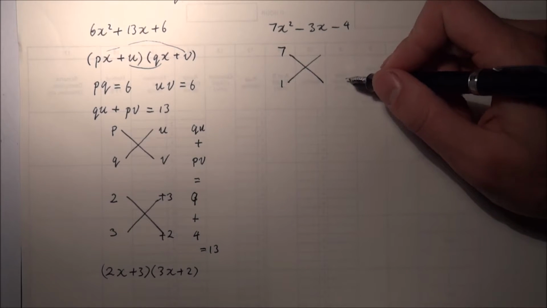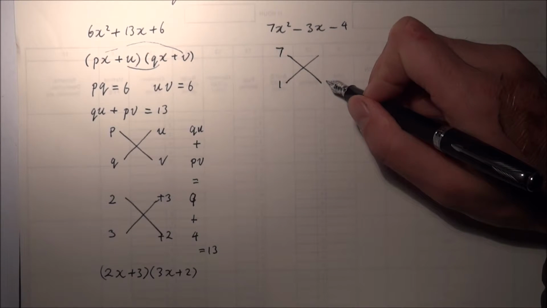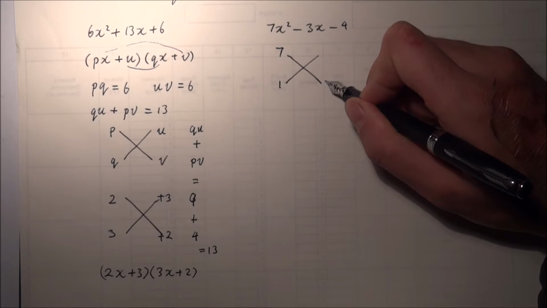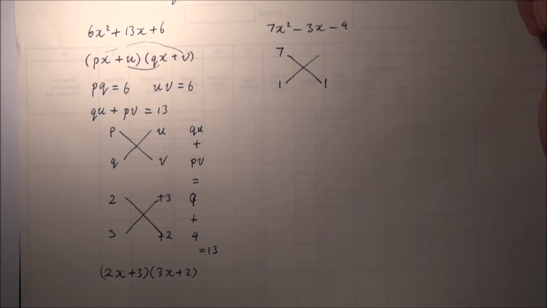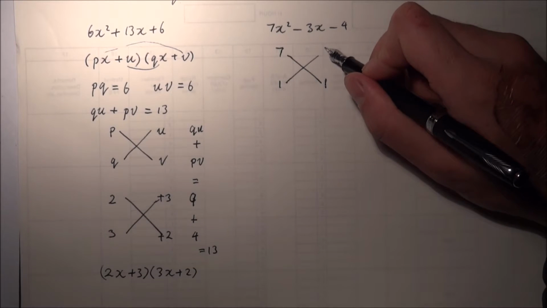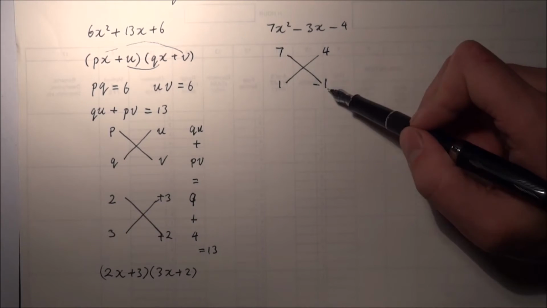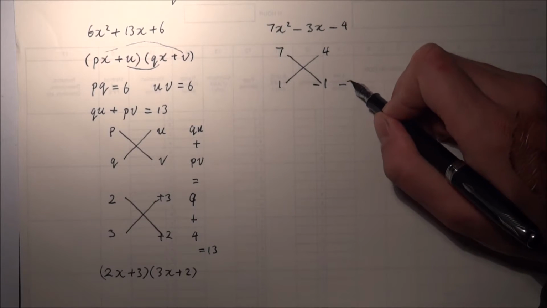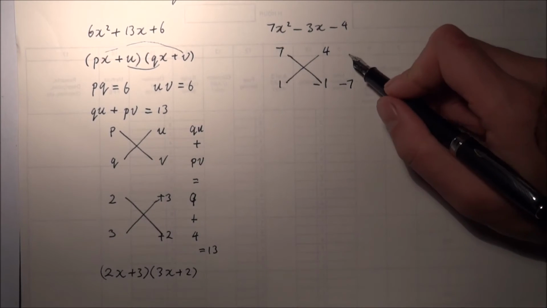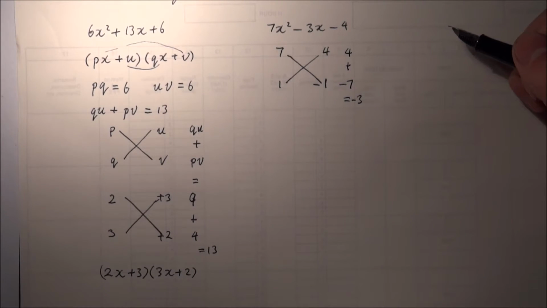Let's try, say, 1 here and 4 here, and it should be a negative 1 because 7 times negative 1 is negative 7. 1 times 4 is 4. 4 plus negative 7 equals negative 3.